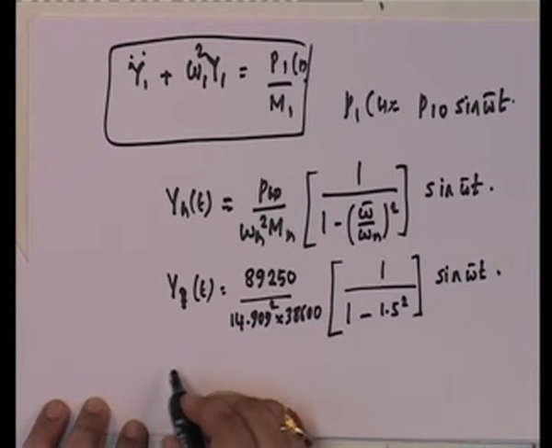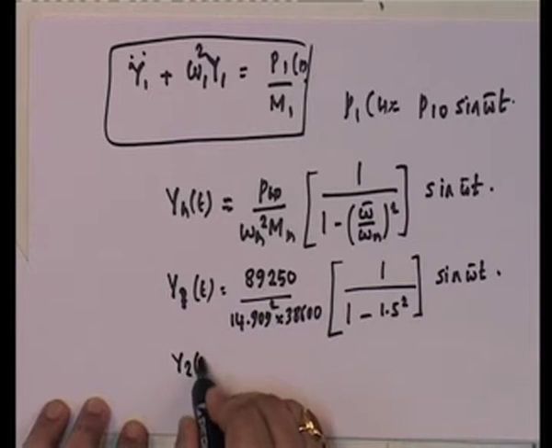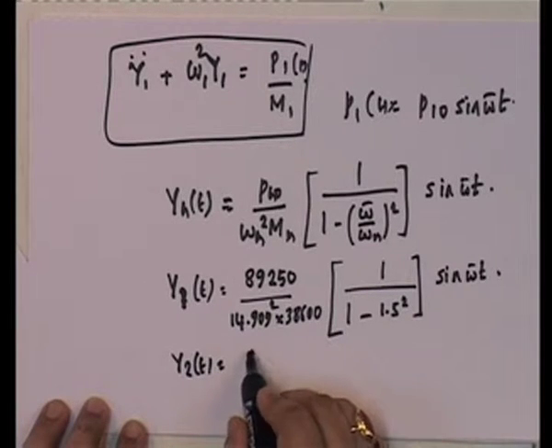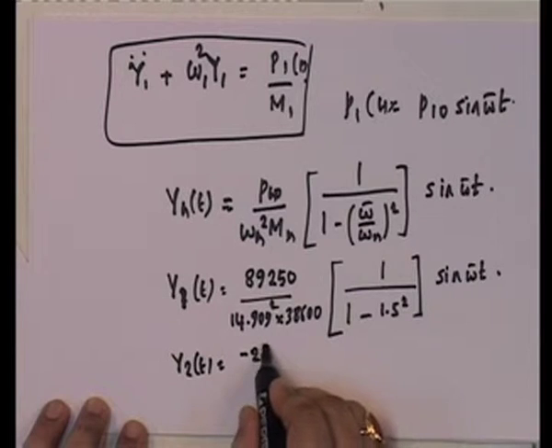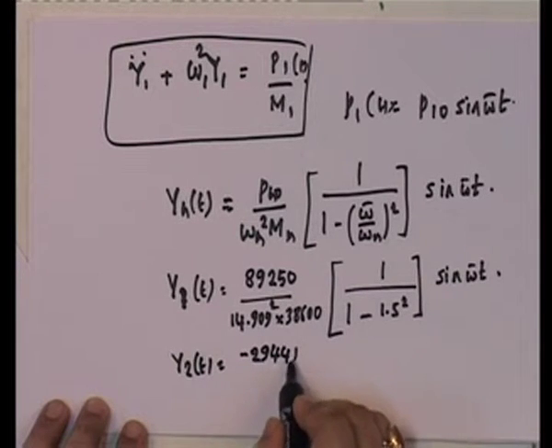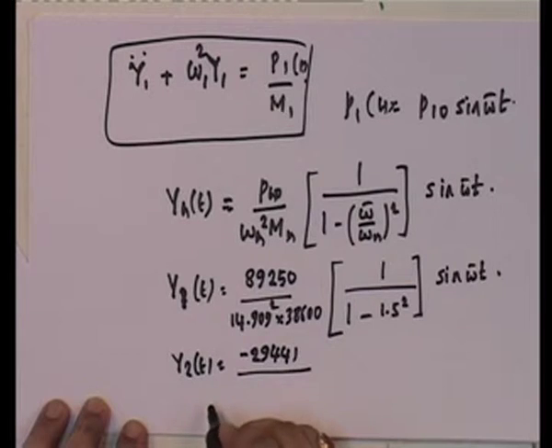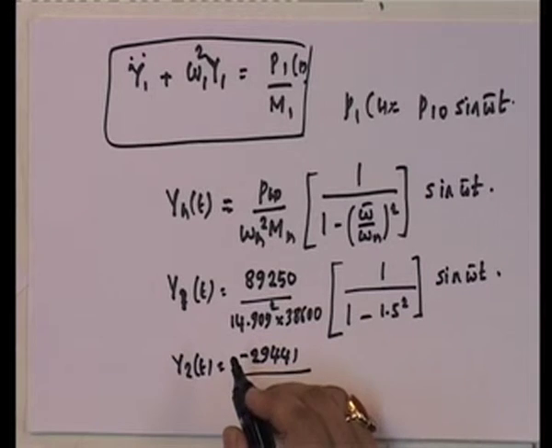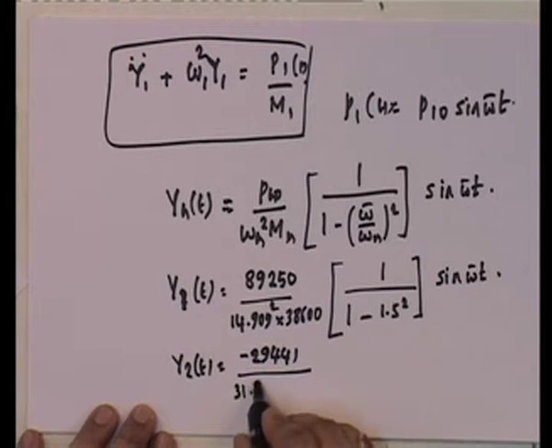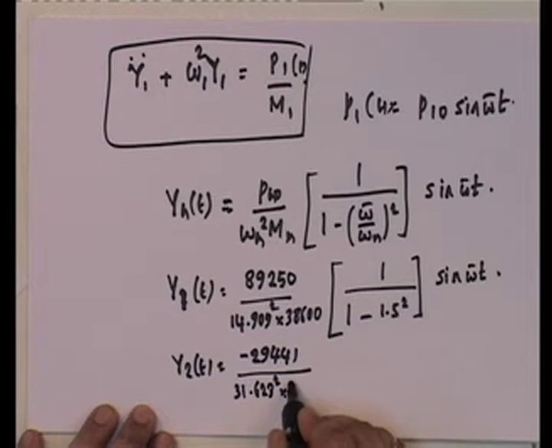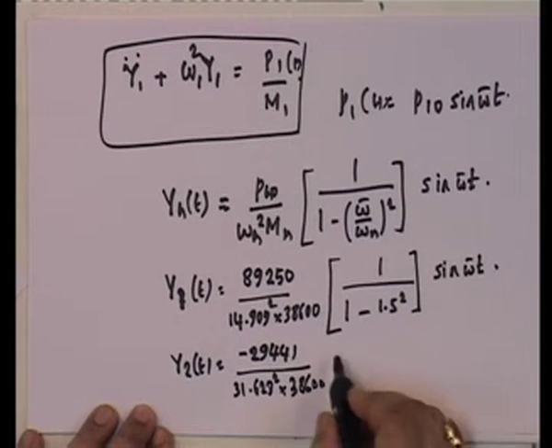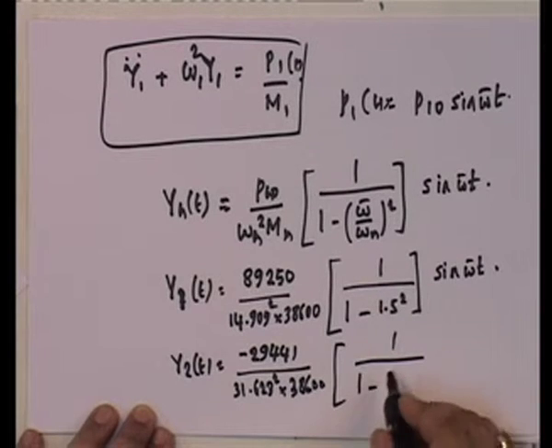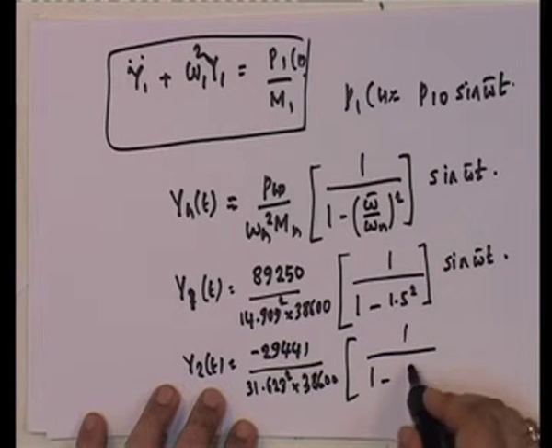Now, y2 of t is equal to minus 29441 upon, let me just have a quick look, 31.623 squared into 38.00, 1 minus, now the thing is that omega bar is 22 and omega 2 is 31.623.